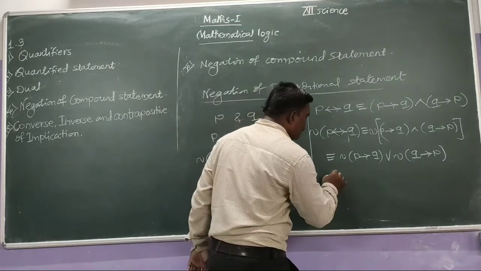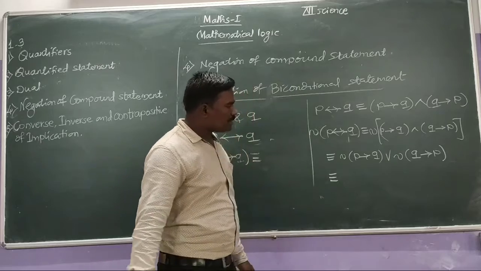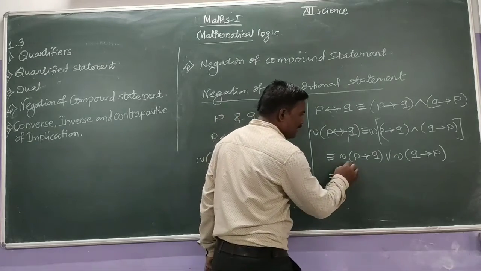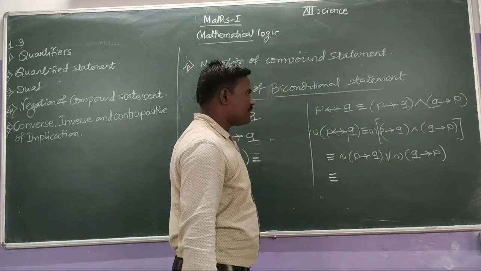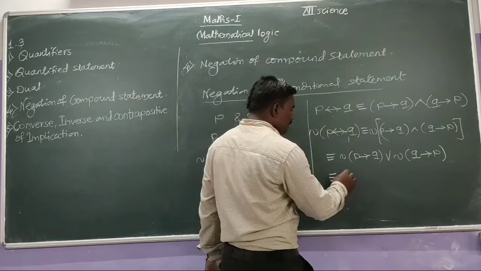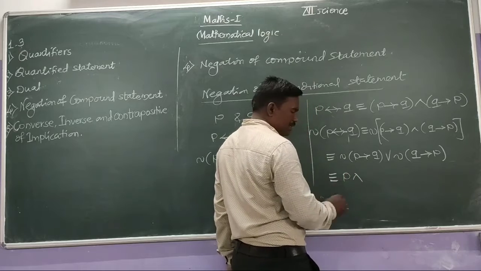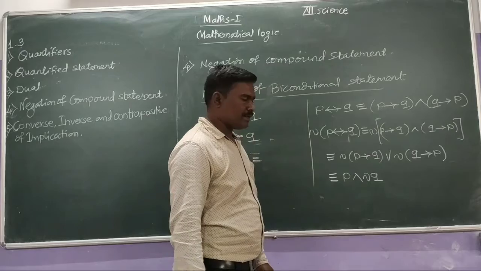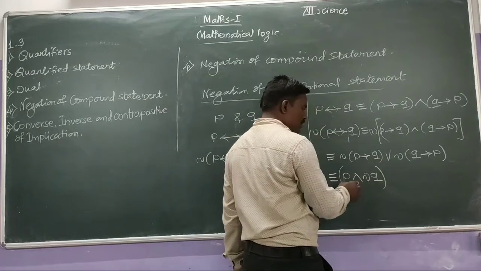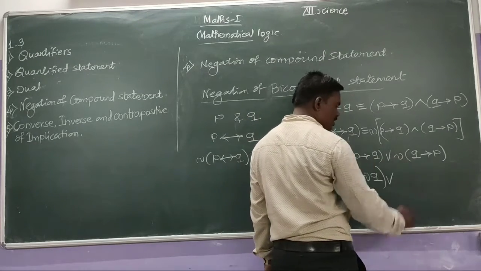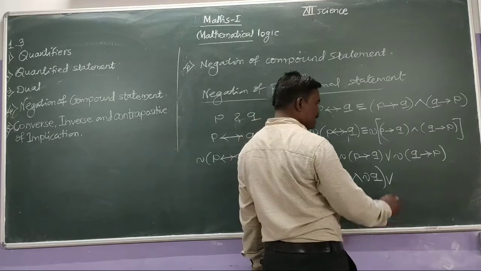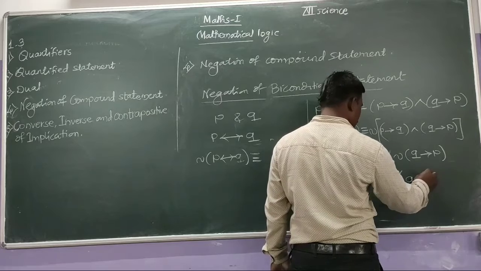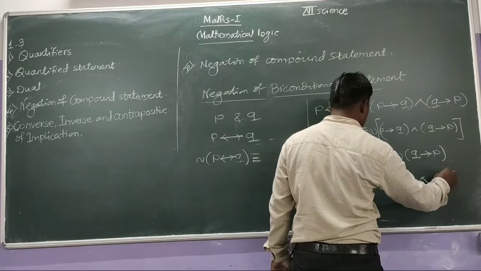Okay, therefore, and in the previous concept negation of the implication statements, which is equivalence to P conjunction negation of Q, that is the negation of the implication. Disjunction as it is negation of the Q implies P, that is the Q conjunction negation of the P.